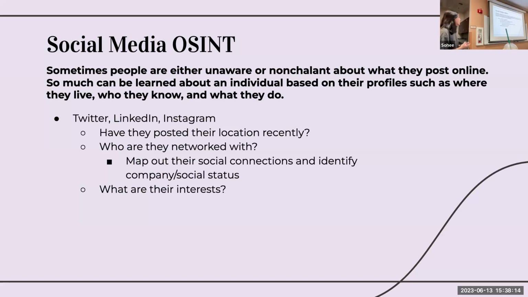On Instagram and Twitter, you can see their followers, and like Bryce mentioned, what are their interests? Maybe they really like dogs, maybe they're really into a certain TV show. So literally anything that'll help you gather more information about them that could potentially be used as a password or a keyword in a password.